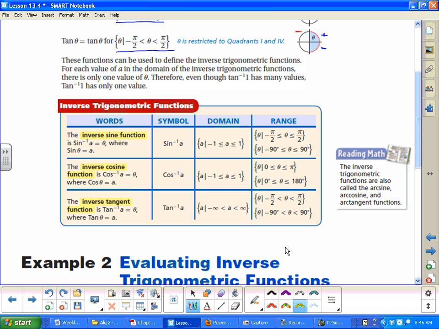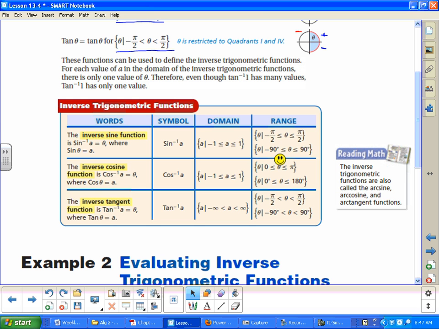Inverse sine. So remember when we're doing inverses, we're switching the ratio and the angle. So if it says inverse sine, that means we're doing inverse sine of a ratio. That ratio has to be between -1 and 1. And then the angle that I'll get from that has to be between -pi/2 and pi/2, or -90 and 90.